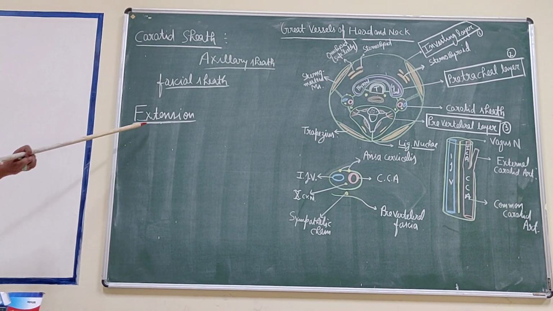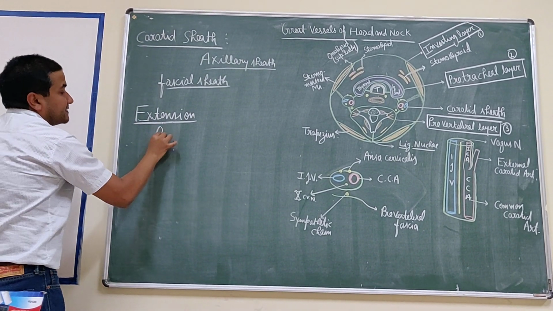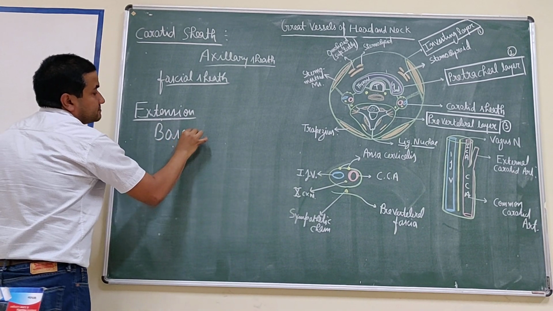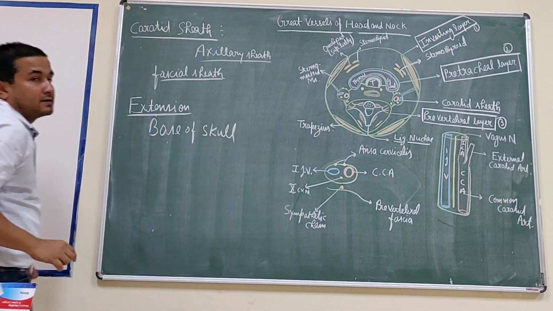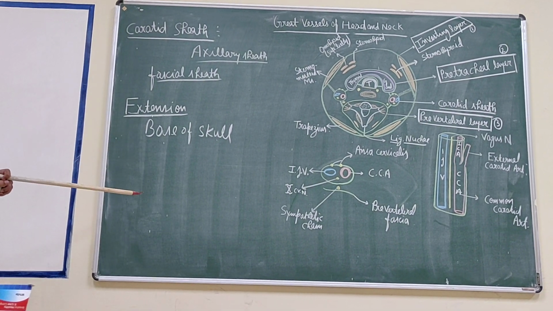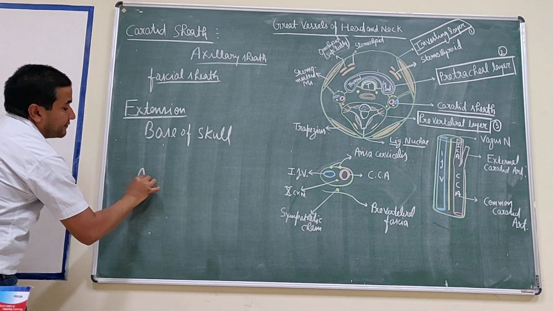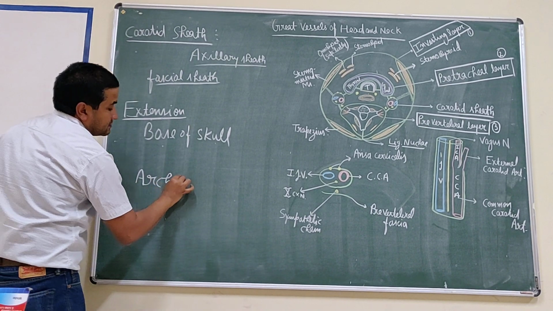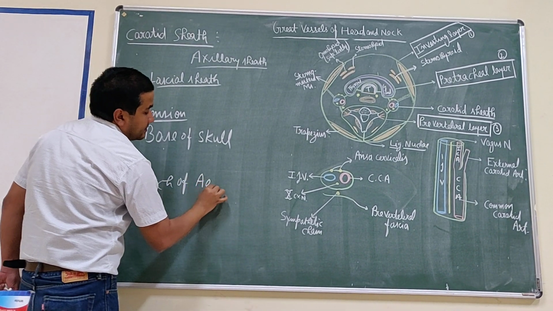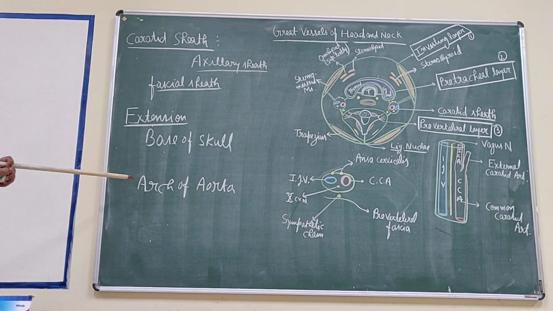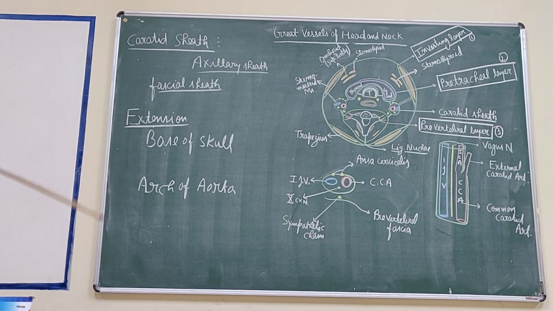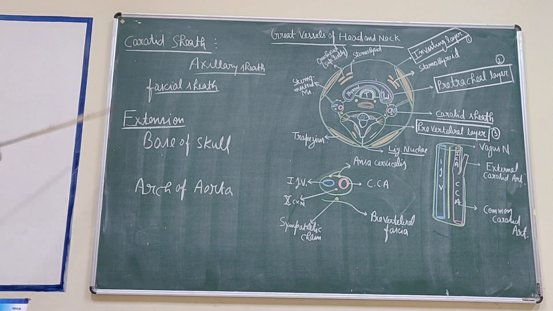This carotid sheath extends from the base of the skull to the arch of aorta, meaning in the superior mediastinum of the thoracic cavity. This is the vertical extension of the carotid sheath.